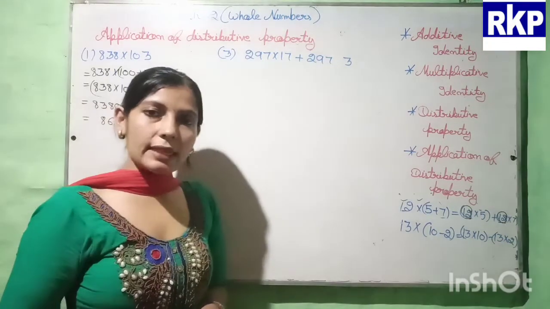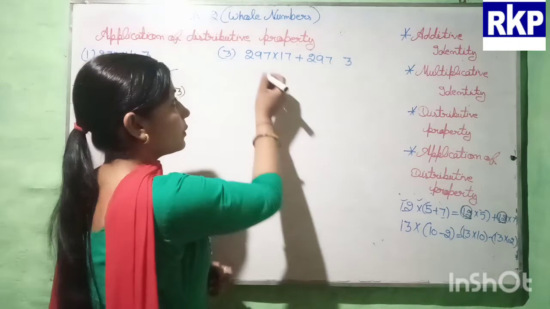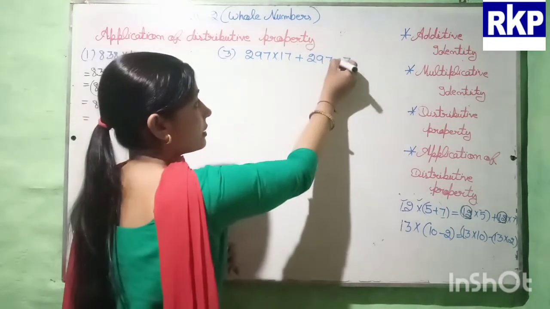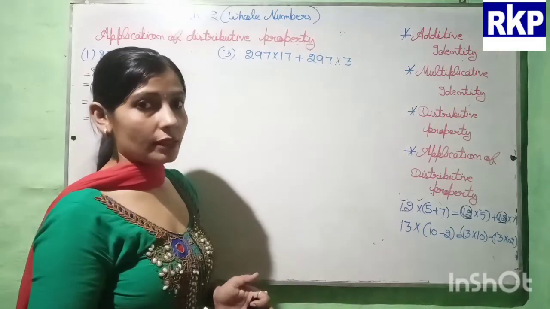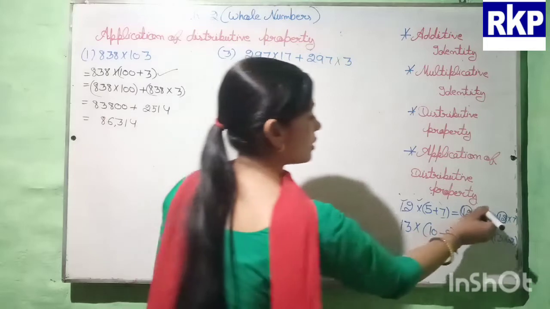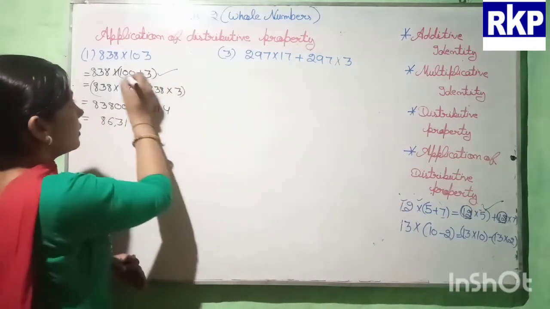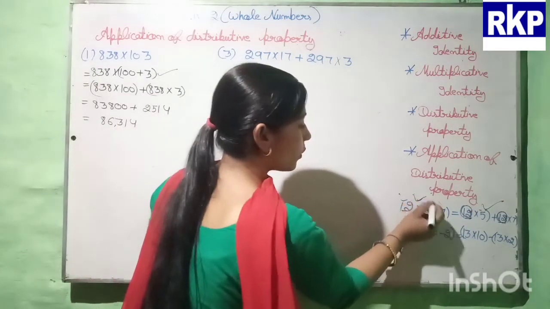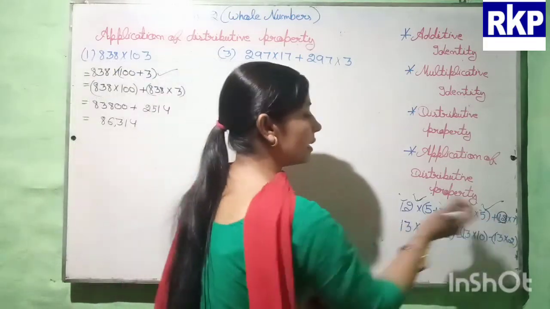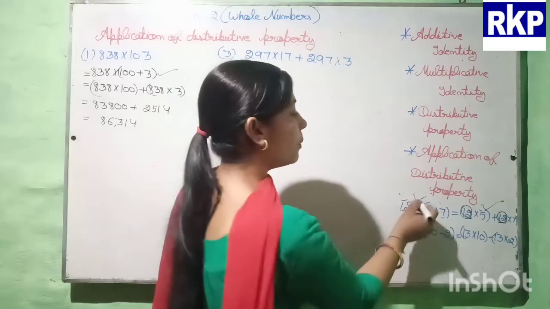Okay, now students, let us take one more example. Here we have to solve 297 multiply 17 plus 297 multiply 3. Now beta, these numbers are written in this form. Here these are written in this form according to the left hand side, but these are written according to the right hand side. So here we took the help of the left hand side.